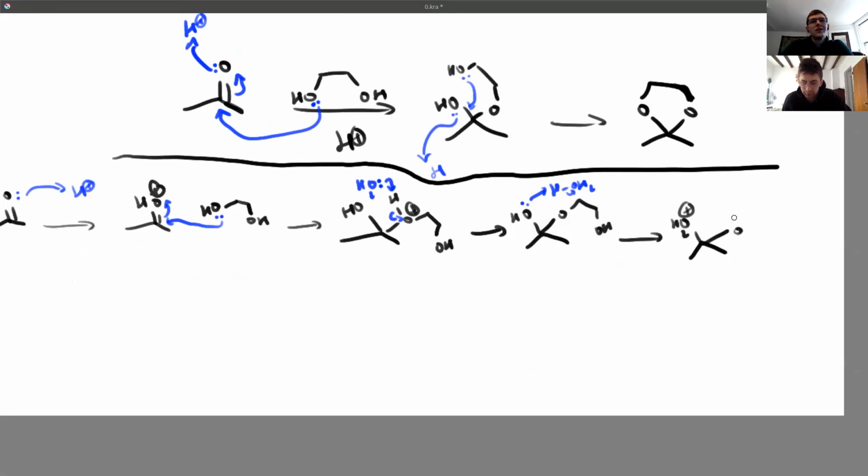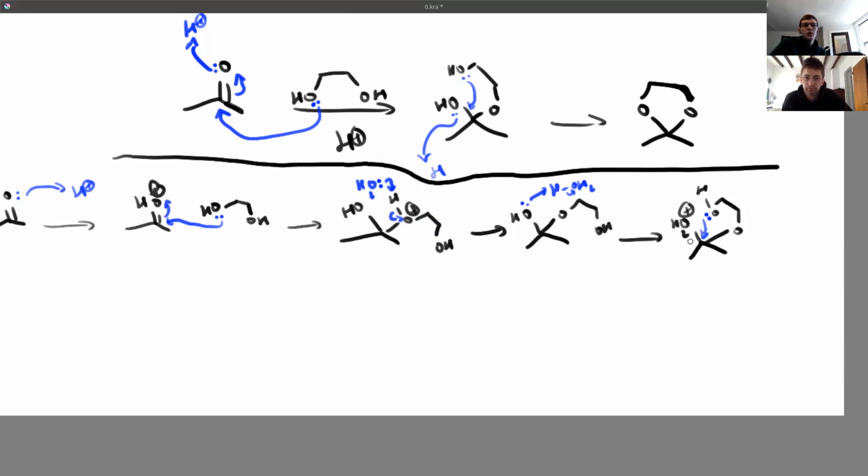Very good. Okay. And now I've just rotated this part of the molecule to be over here, so that it's in a nice position and I could actually draw it attacking. There's a lone pair on this oxygen. It's going to act as our nucleophile.